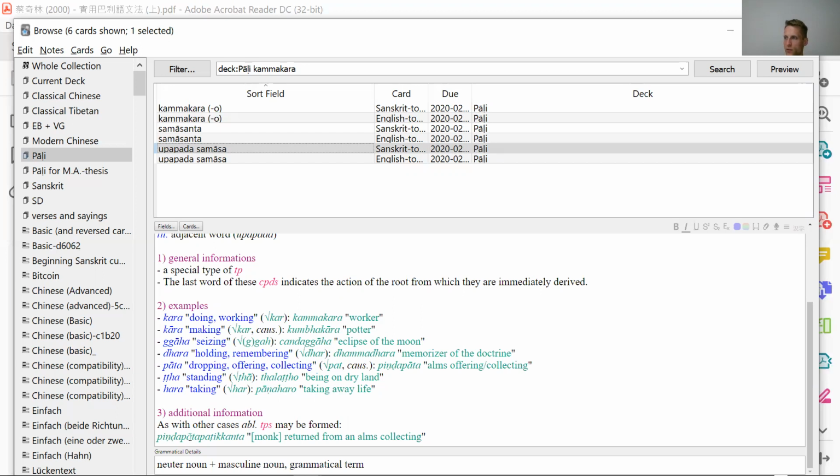And as with other cases, the ablative tatpurisas may be formed. So pindapata patikanta, monk returned from an alms collecting. I must have also given the vikkaha for this, I'm sure.